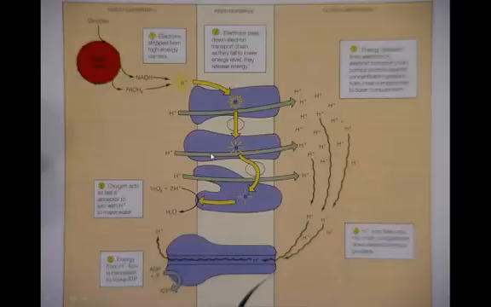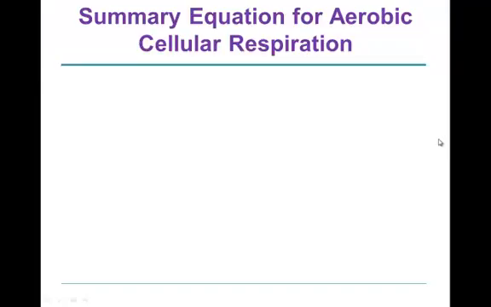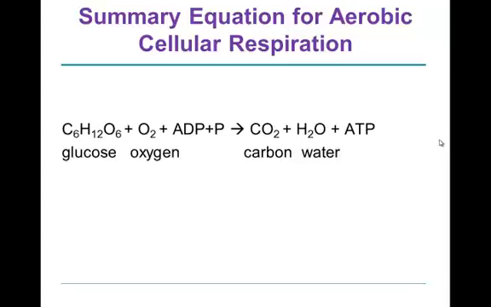We can look at the summary equation for the aerobic pathway, for aerobic cellular respiration. And this, of course, summarizes many reactions, the reactions of glycolysis, the reactions of the Krebs cycle, the reactions of the electron transport chain, all summarized in a single equation. And there it is.